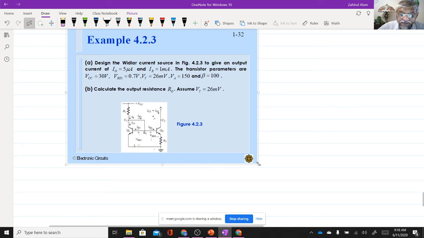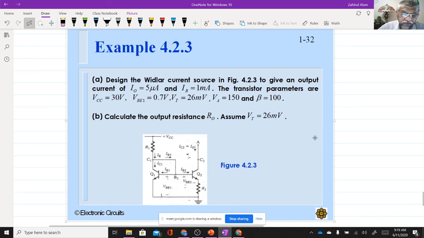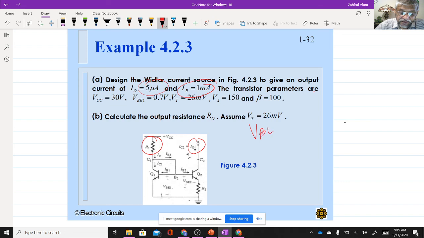So this is the problem. Design a Widlar current source of this figure to give an output current of 5 microampere and a reference current of 1 milliampere. Transistor parameters are given, and you also need to calculate the value of VBE2. Then how can we solve?